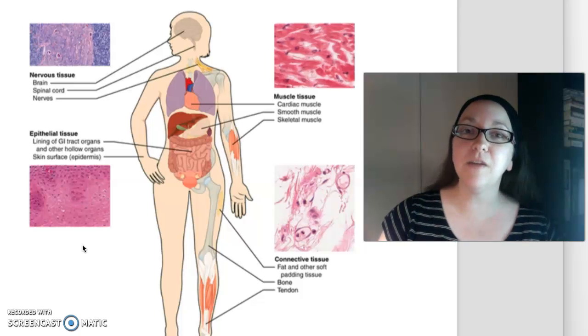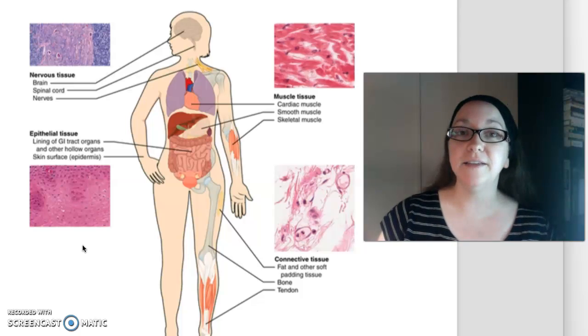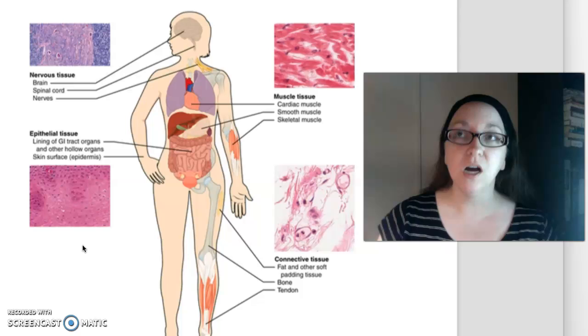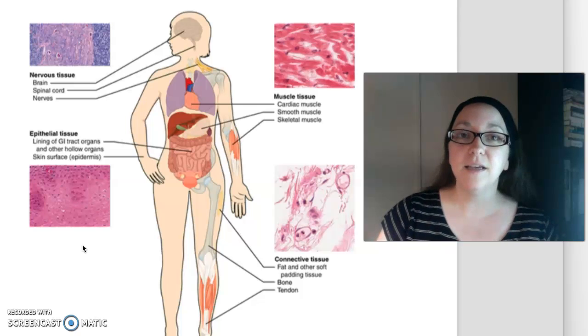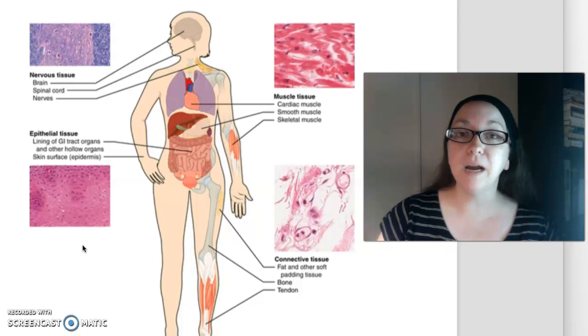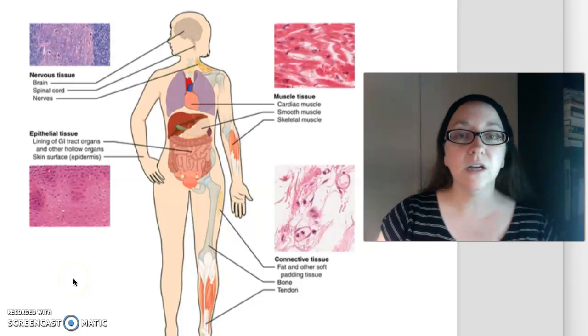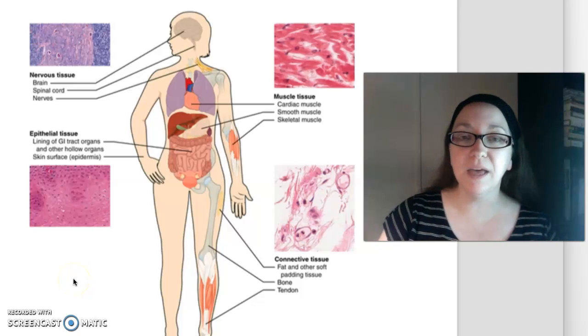Now, if we're thinking about their functions as protection, covering, absorption, secretion, then we can think about their structure along those same lines. Epithelial tissues are primarily very cellular. So you'll see other tissue types in here, particularly connective tissue, will have lots of fibers and proteins embedded. You're not going to find that in epithelials. It's going to be a solid sheet of cells.